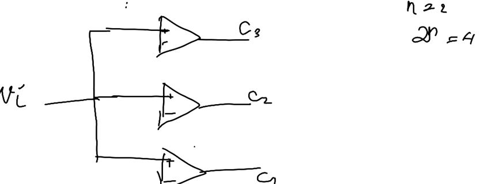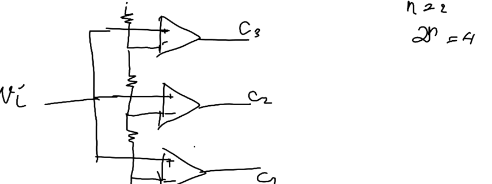Resistor 1 is connected to the negative terminal, another resistor is also connected to a negative terminal, then another resistor is connected to the negative terminal, and one resistor is grounded.